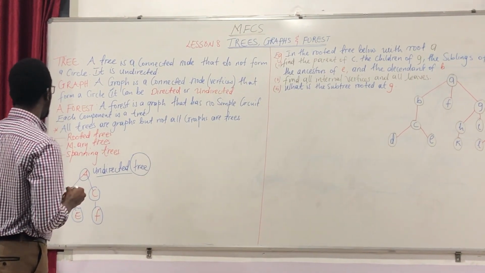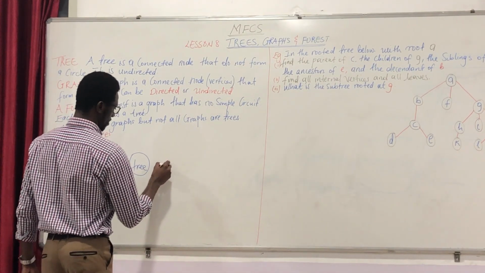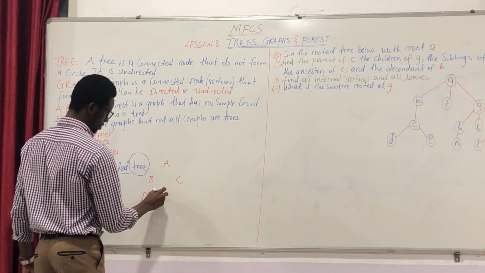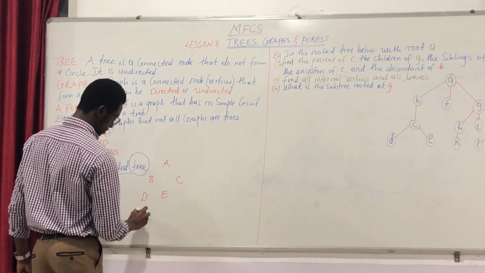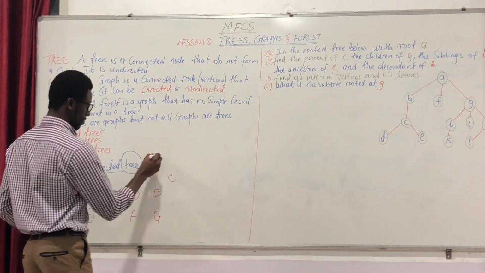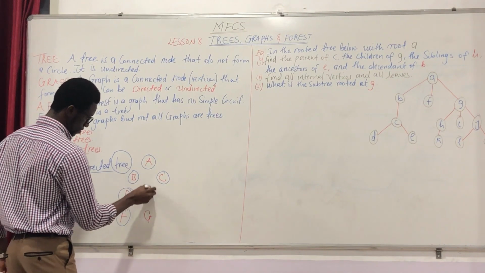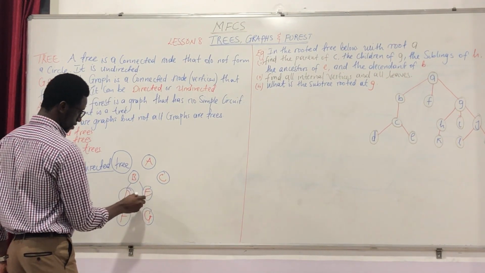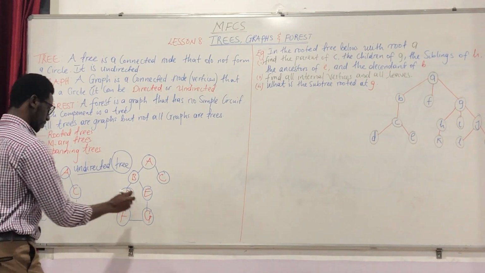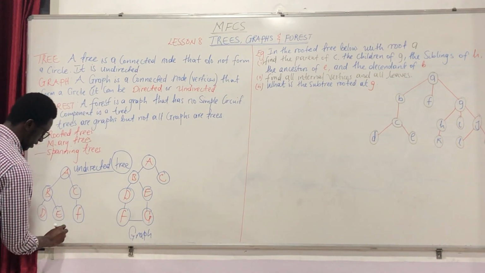Now let's see the graph. If we use the same letters, we have A, B, C, D, E, F, and G. This one is a graph, whereas the previous one is a tree.